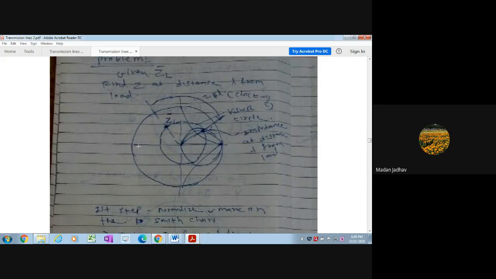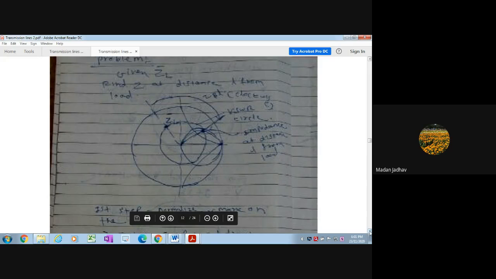Here is 0, here it is 1, then 2, 3, 4, 5, 6, 7 up to infinity. You will get infinity here. Now your VSWR circle will intersect this horizontal line, and this intersection point is nothing but your VSWR.